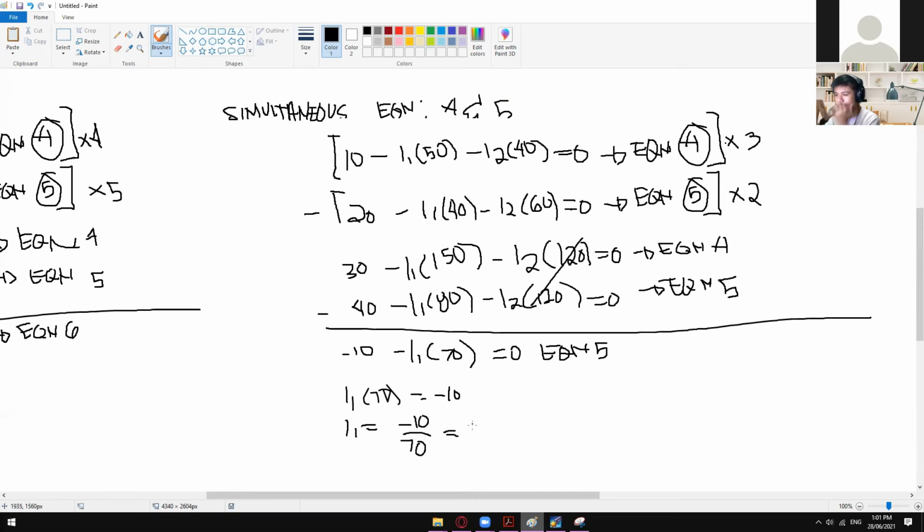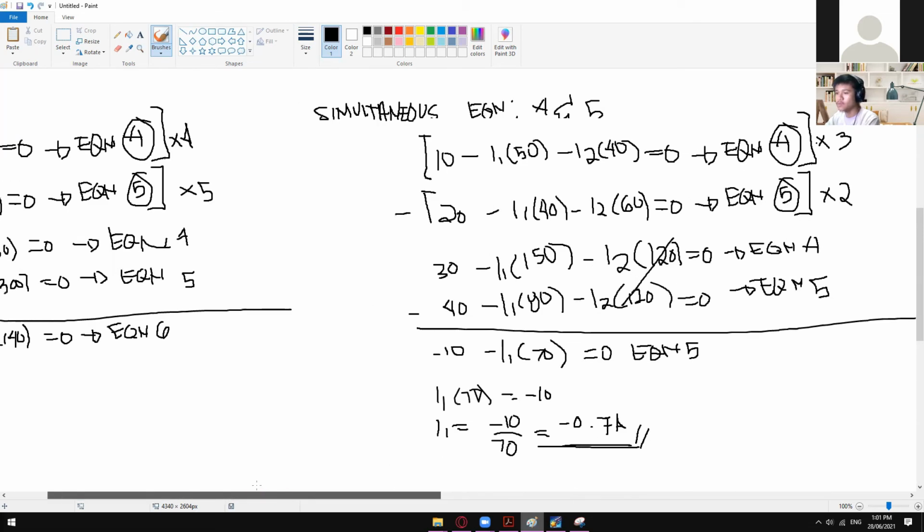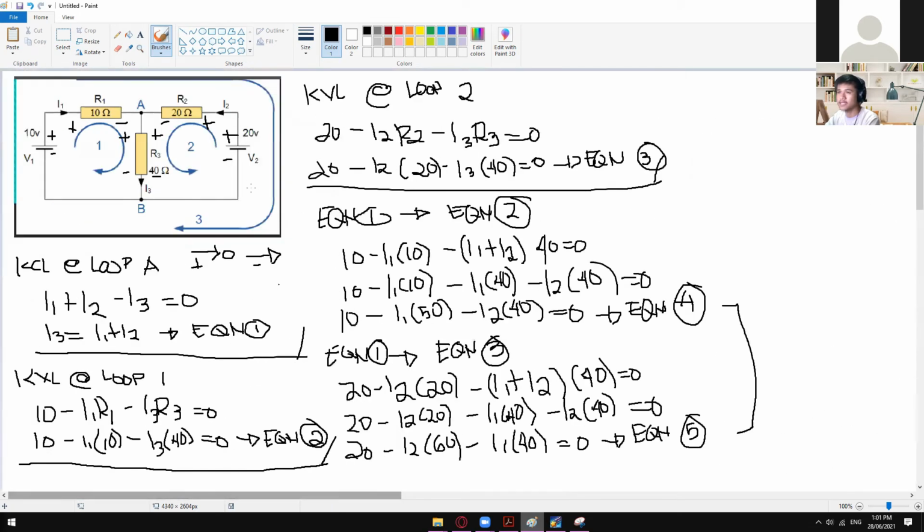So I1 is negative 0.7 ampere. Okay, so as you guys can see, we've got a negative value in here. It only means that our assumption on loop number 2 is incorrect. Okay, so our loop right here should be clockwise, not counterclockwise. So we have a loop clockwise and then another clockwise right here. So that's the correct rotation of this current right here.